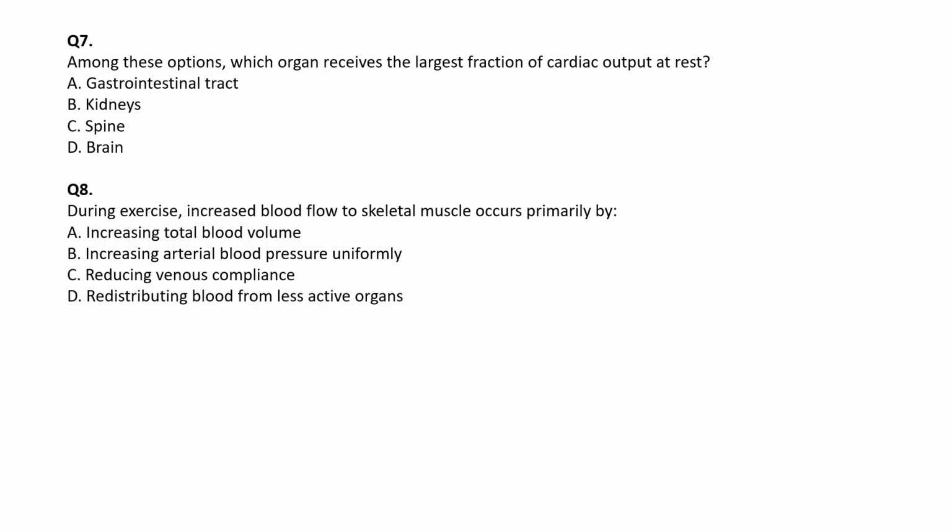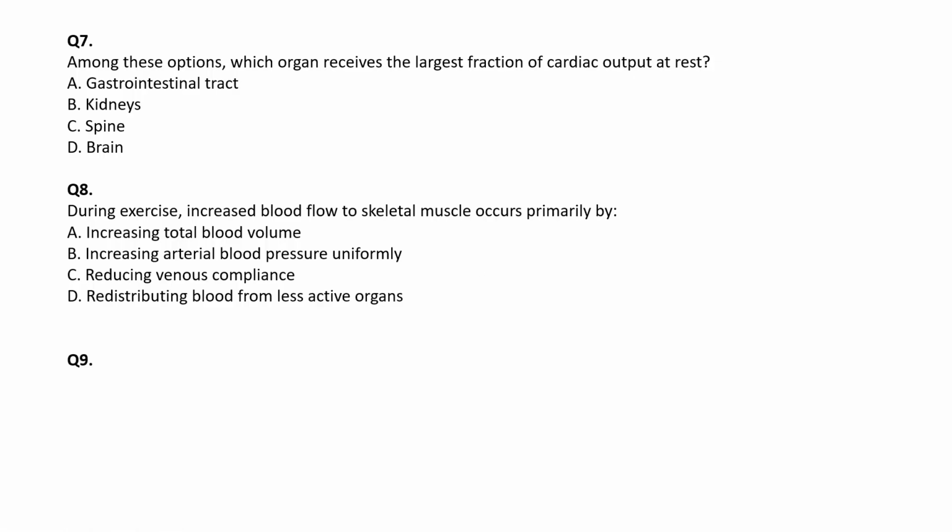This one we nicely discussed earlier also, and I think you guys have got it, which is option D, redistributing blood from less active organs. For instance, from the GIT. The point is that the GIT's share of cardiac output is under rest conditions. But during exercise, this entire balance will be changed and blood will be redirected to the skeletal muscles from your GIT, for instance.